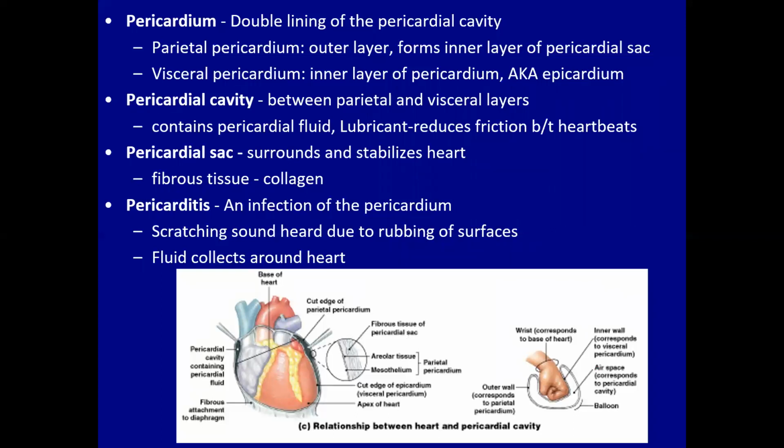It's known as the epicardium, right? There is a cavity between the two, and it has pericardial fluid, which is a lubricant, because if you didn't have it, then every time you had a heartbeat, you would have tissue rubbing on tissue, which causes friction.